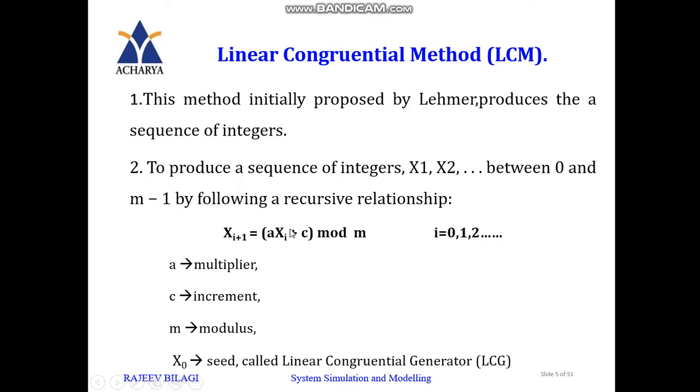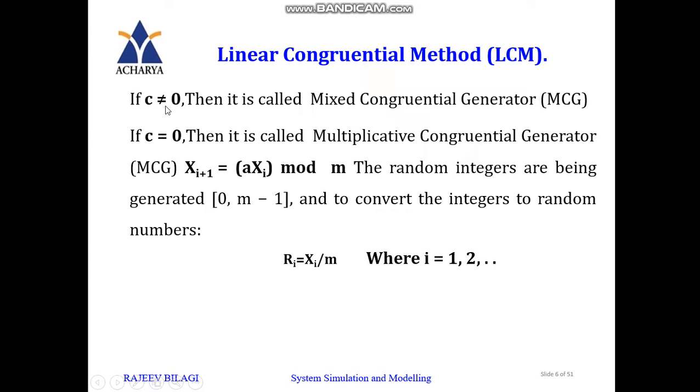In the previous equation, depending on the value of c, if c is not equal to 0, then it is called the mixed congruential generator, MCG. If c is equal to 0, then it is called the multiplicative congruential generator: x of i plus 1 equals a x i mod m.